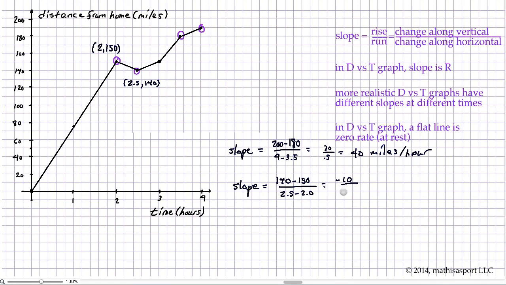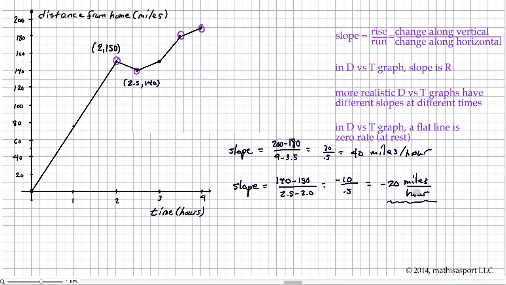Negative 10 over 0.5. That makes our rate negative 20 miles per hour. So we can have negative slopes on these graphs, and they correspond to a negative rate.